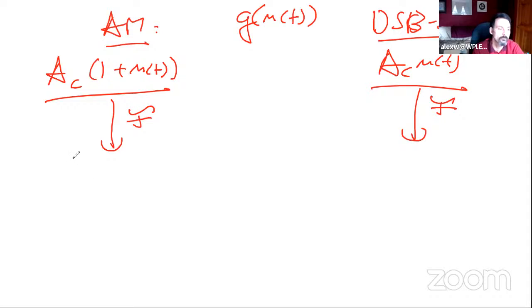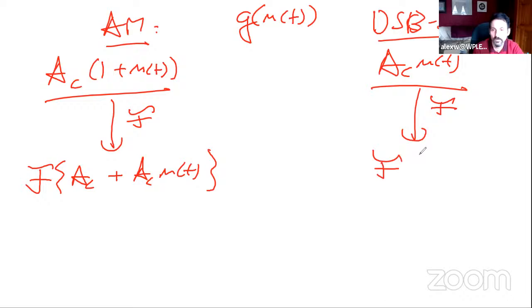So we take the Fourier transform. For AM we have AC plus AC m(t), and here it's the Fourier transform of AC m(t).